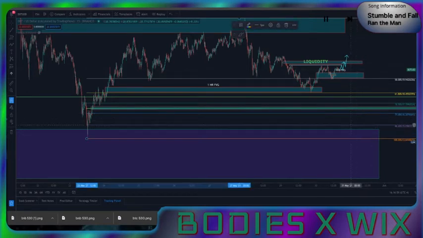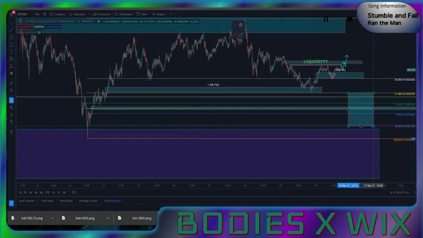Sometimes you can get down to the 88. So usually they want to trade in this area, right in here. That's where they would want to see price get before they start accumulating, before they send it off and send it up.